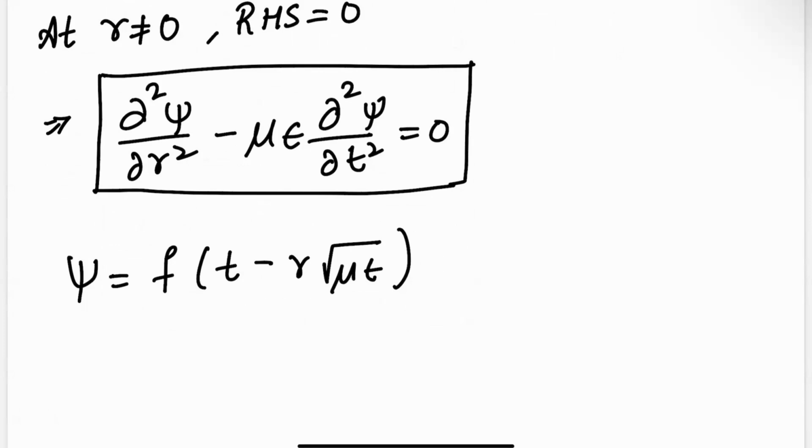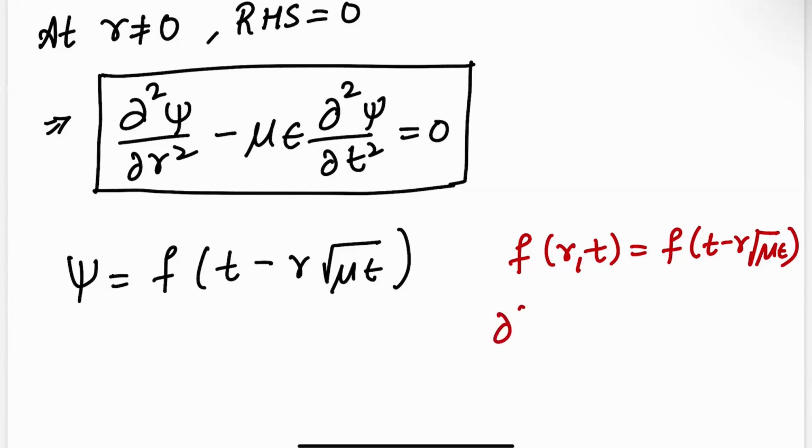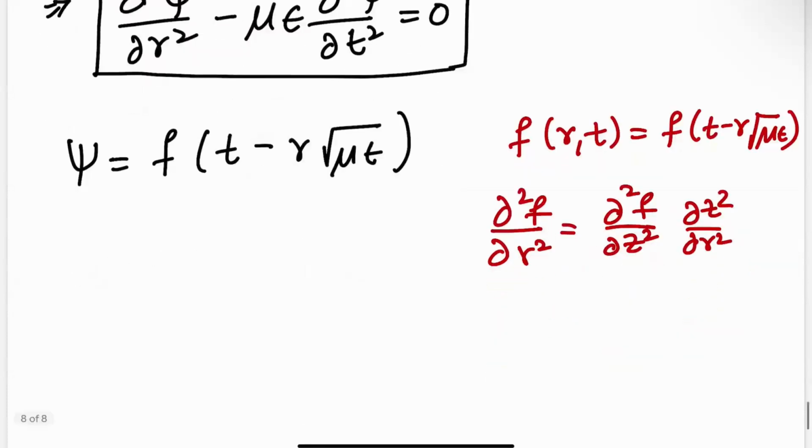Okay, so another way to say that is that any function of r comma t of this form, f of t minus r square root of mu epsilon, satisfies this equation. Why is that? It's pretty easy to see. You can take the second derivative of f. So let's say, this can be written as d squared f over dz squared times dz squared over dr squared, right?